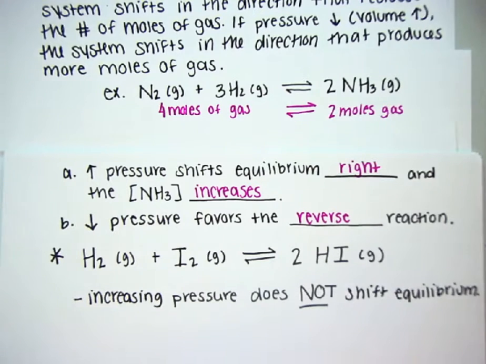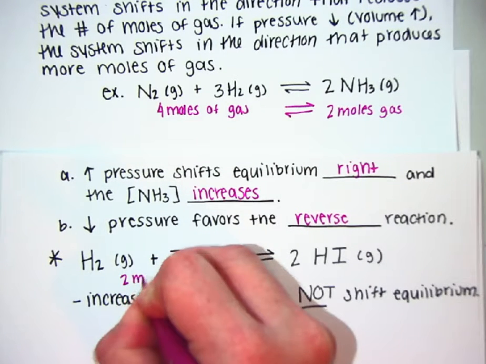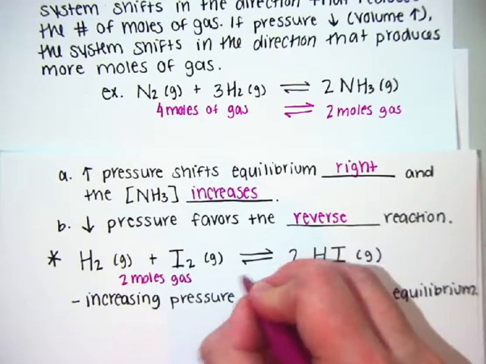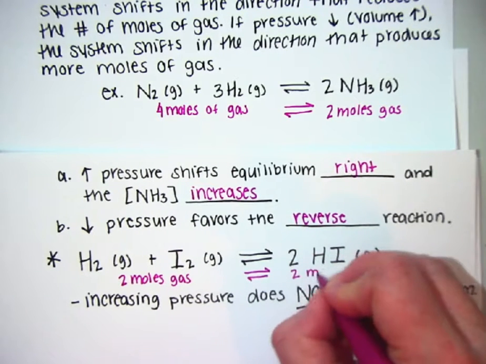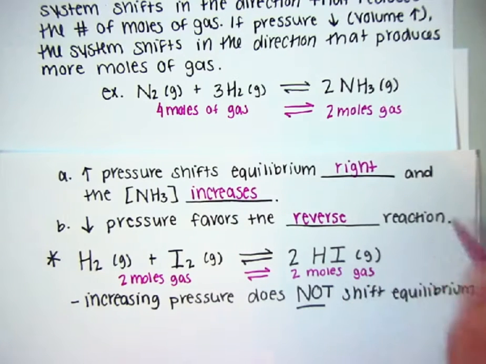Why? Well, I have 1 mole of hydrogen gas, 1 mole of iodine gas. So I have 2 moles of gas on the left. On the right, I have 2 moles of hydrogen iodide gas. I also have 2 moles.